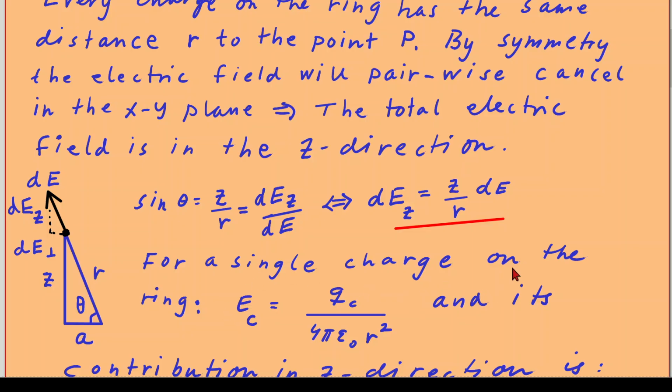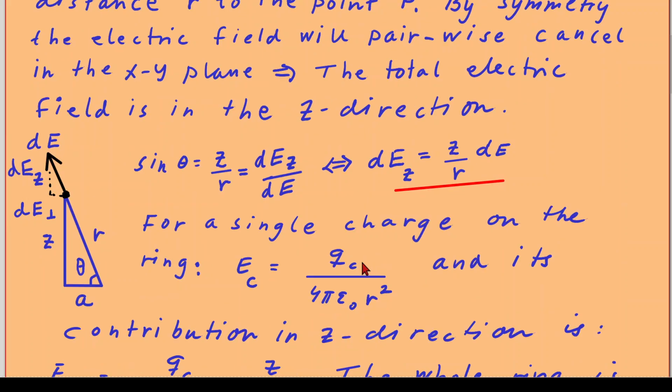So for a single charge, Coulomb's law says that if that charge is dq, the electric field from the charge is dq divided by 4 pi epsilon naught r squared.